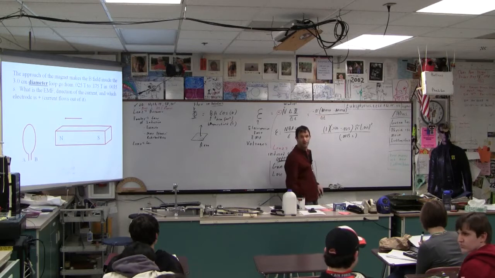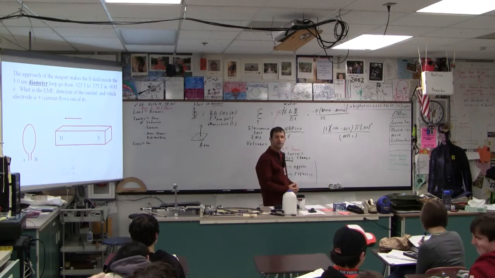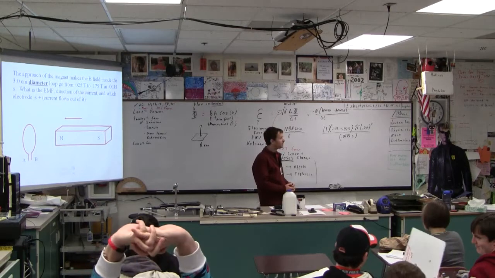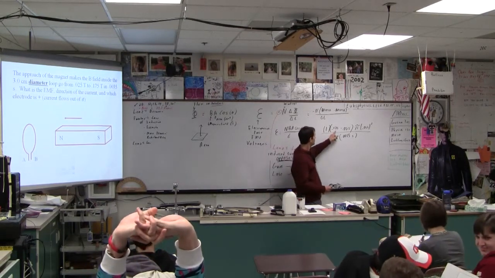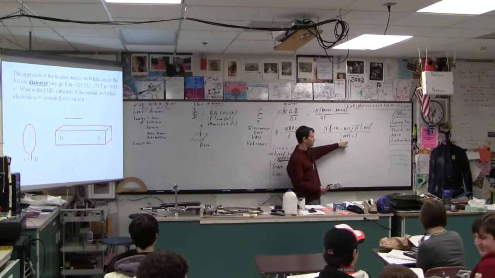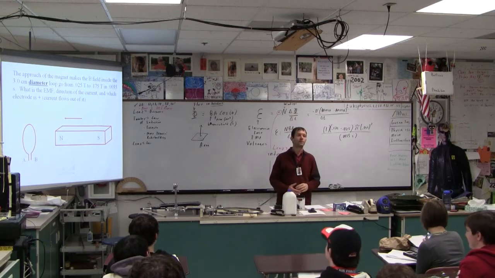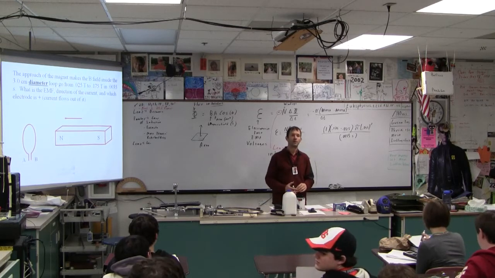Pi r squared is the area of a circle. N delta B over A over T. Boys and girls, point your eyes up here if you would.